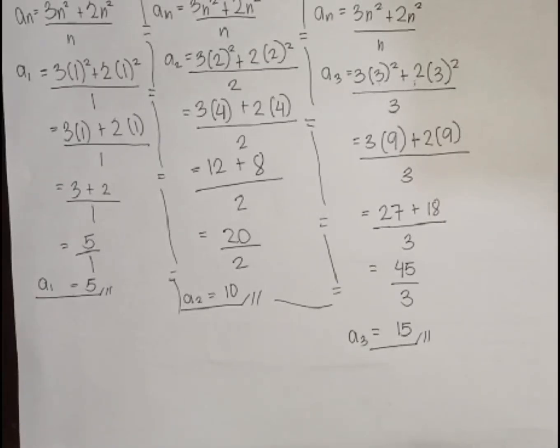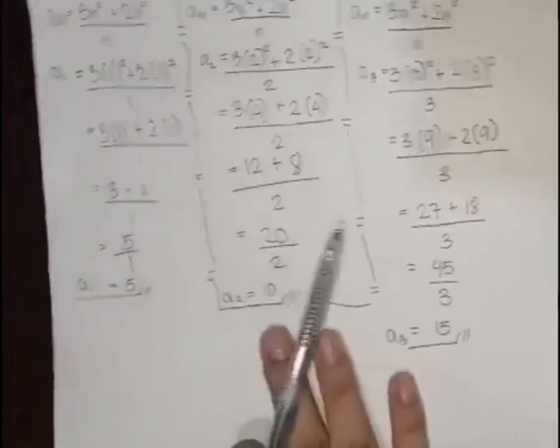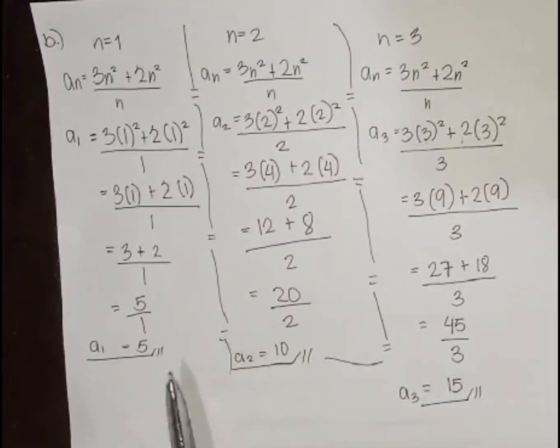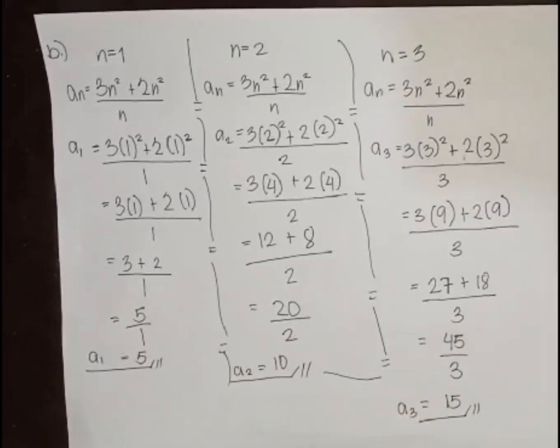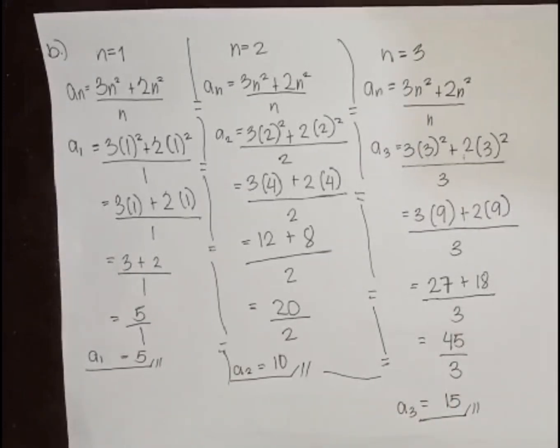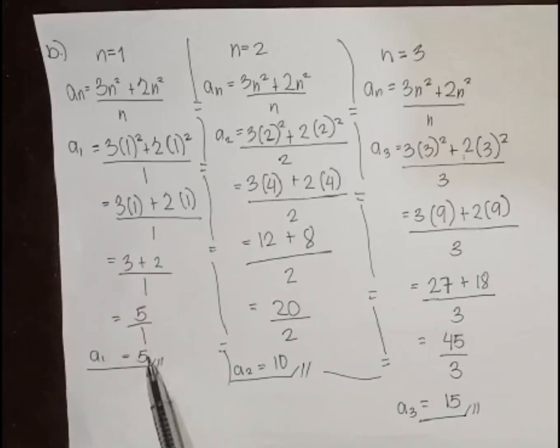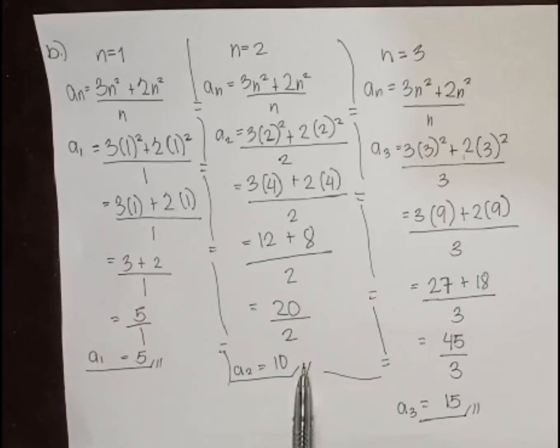Therefore, the first three terms of the sequence are 5, 10, and 15.